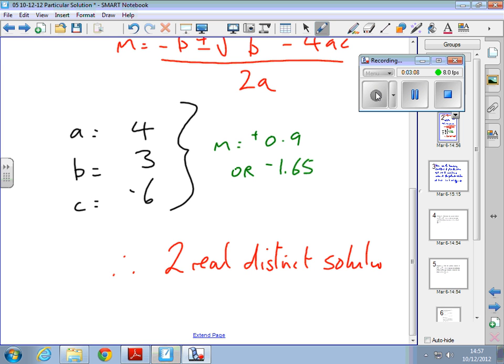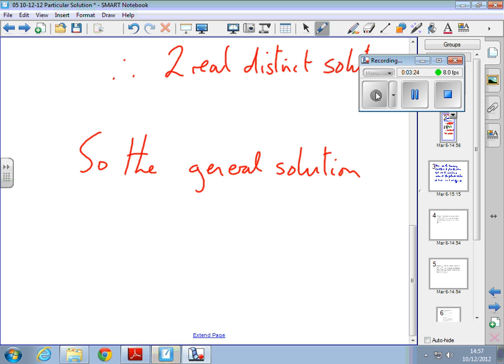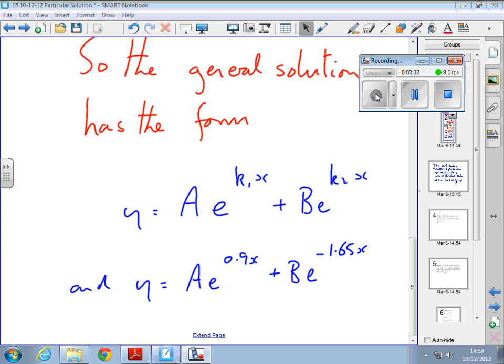So the general solution has the form y equals a e to the k1 x plus b e to the k2 x, and then we can put our values in for m that we just found.